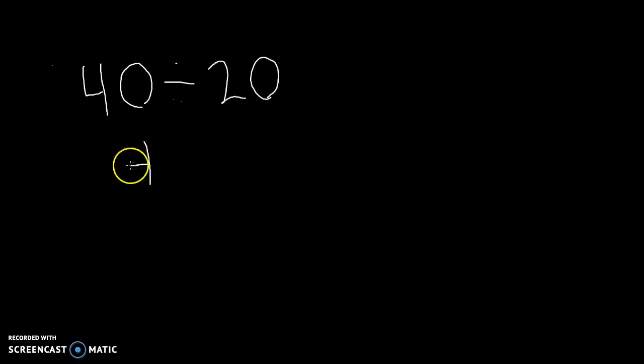The same thing goes for dividing. Instead of adding zeros, you're going to be subtracting zeros. So let's use 40 divided by 20. So what you're going to do first is you're going to divide 4 by 2, which is going to equal 2.